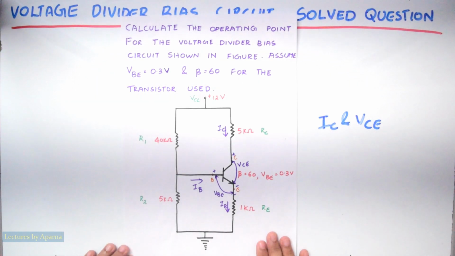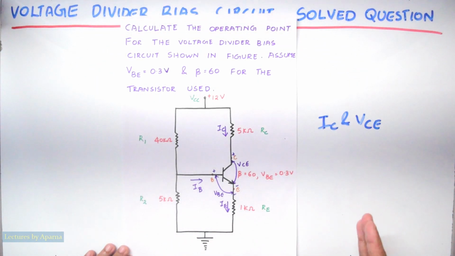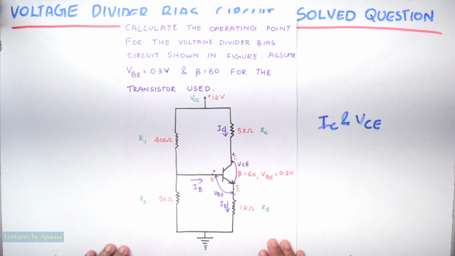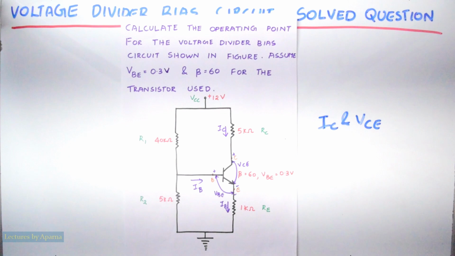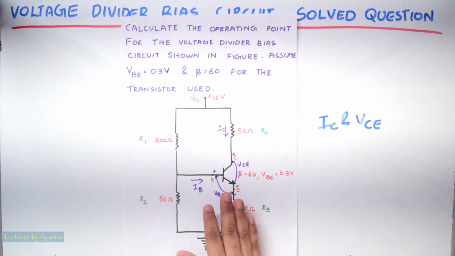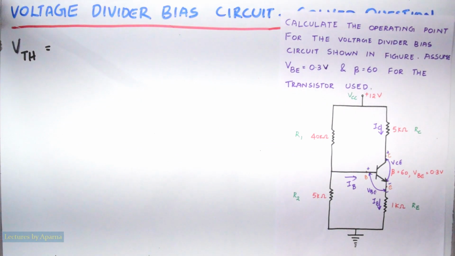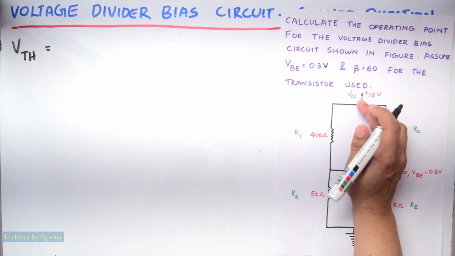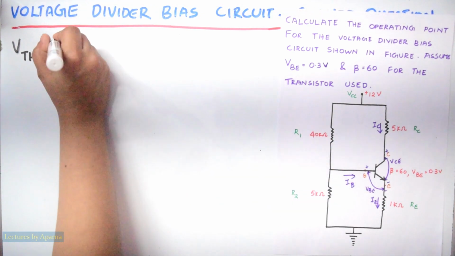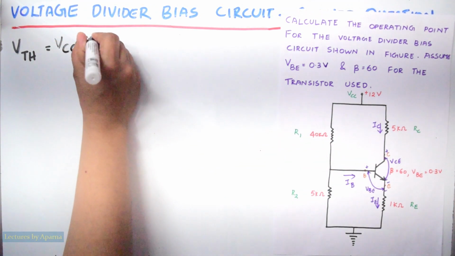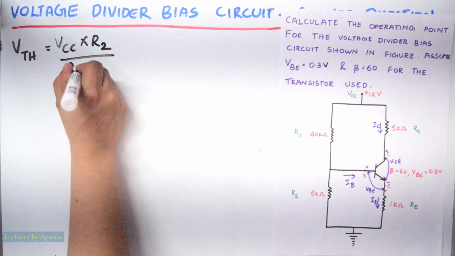So first we have to convert the circuit into its Thevenin's equivalent circuit and then do the analysis. In the theory part video I have explained in detail how to do the conversion. So let us find the Thevenin's voltage VTH first. VTH is equal to VCC into R2 by R1 plus R2.